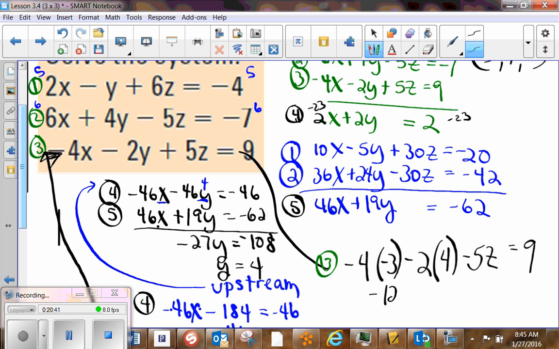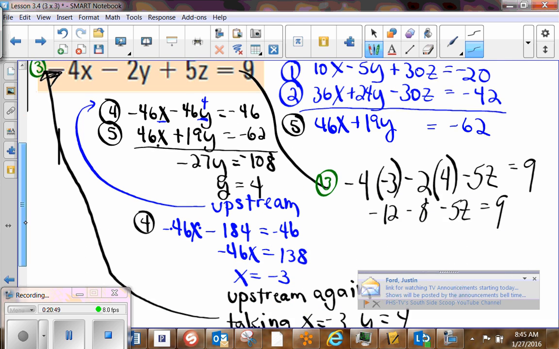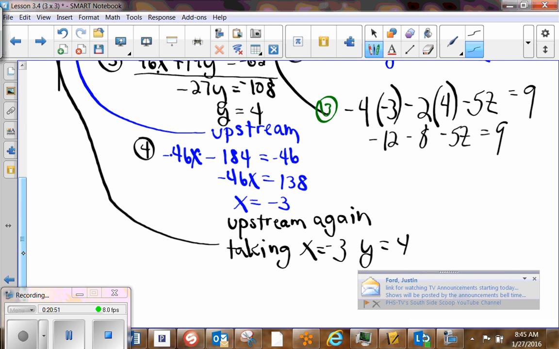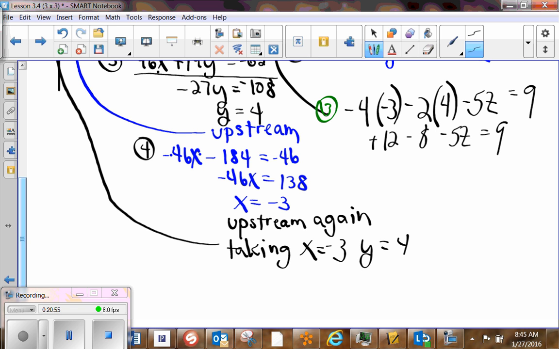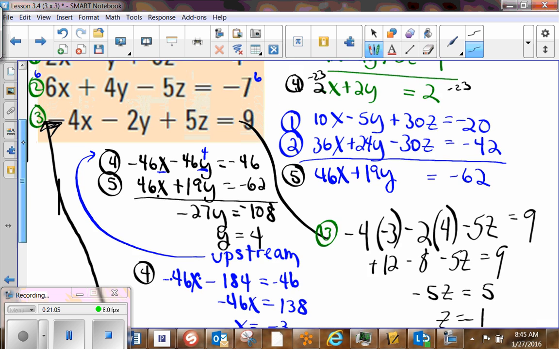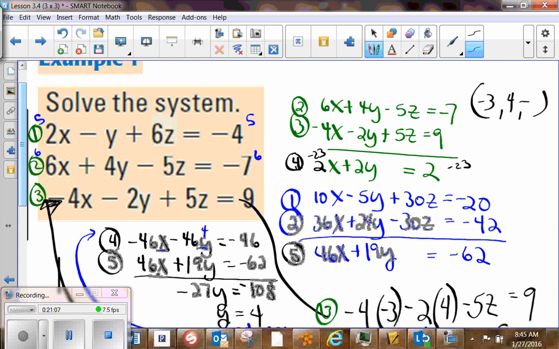So 12 minus 8 minus 5z is 9. Positive 12 in the front because it's a negative and negative. Awesome. 12 minus 8 is 4. So I'm going to take that 4 across the river. It'll be -4, which will make this 5. And z will be -1. Woo! -1.